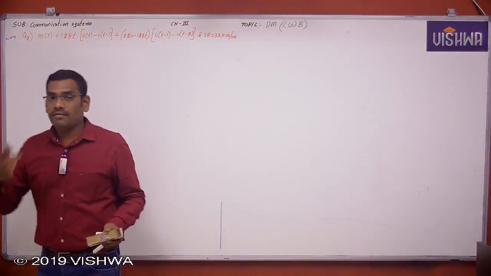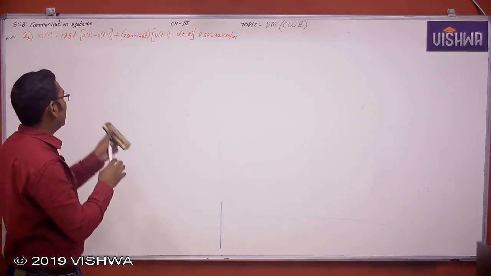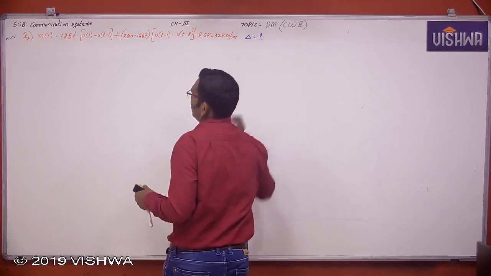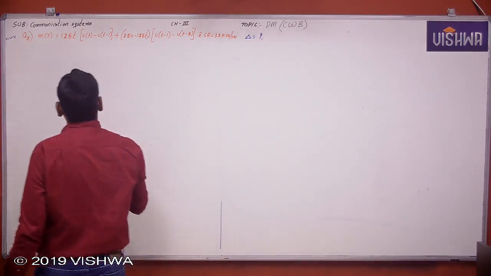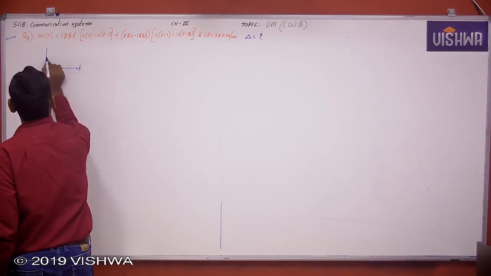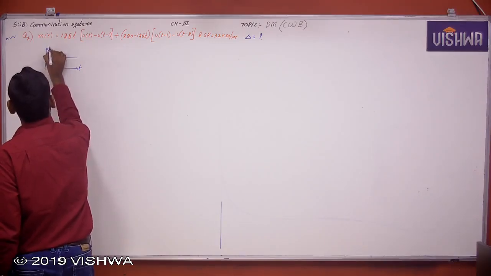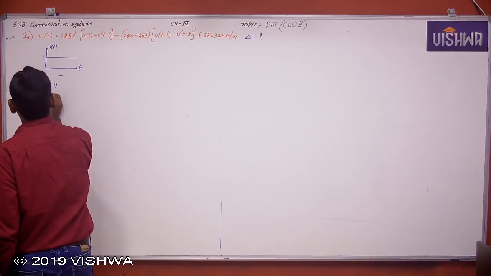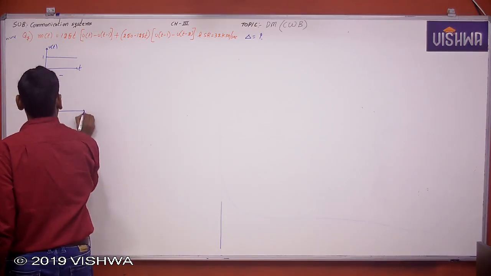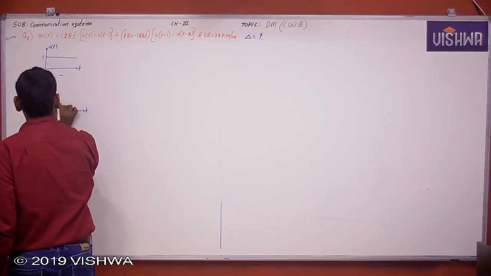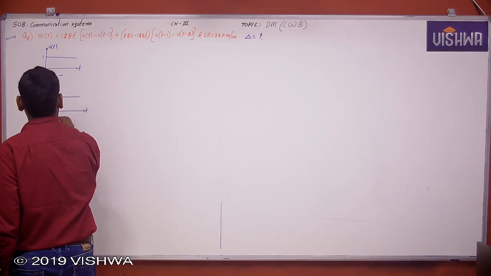First of all, you need to find what the given signal is, and what the step size is. Question number 7. Let us see first u of t minus u of t minus 1. This is u of t, and this is u of t minus 1.